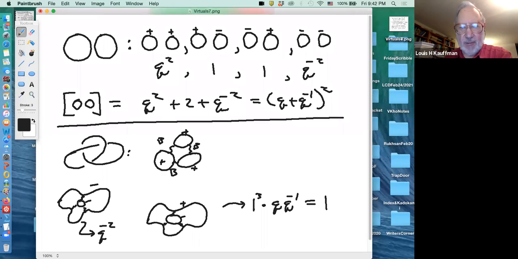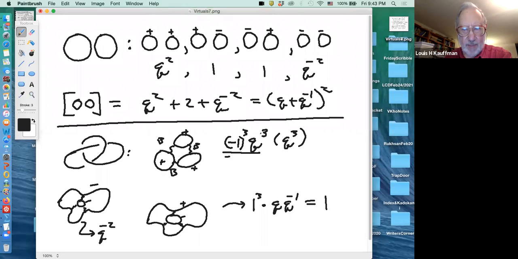So then from the B's, we have minus 1 to the third power, Q to the minus 3, because it's Q inverse minus Q. What did I tell you before? I told you, Q, not Q inverse, I'm sorry, minus Q cubed, because we get a Q from the B. And then we have 3 pluses, so that's Q cubed.